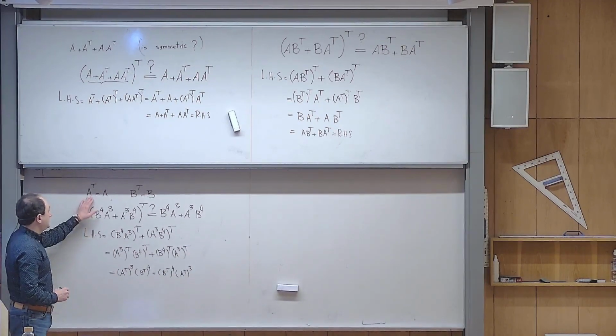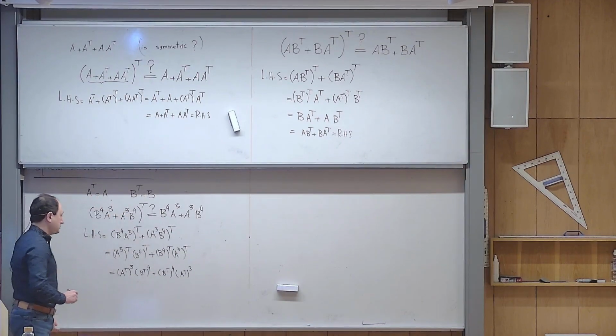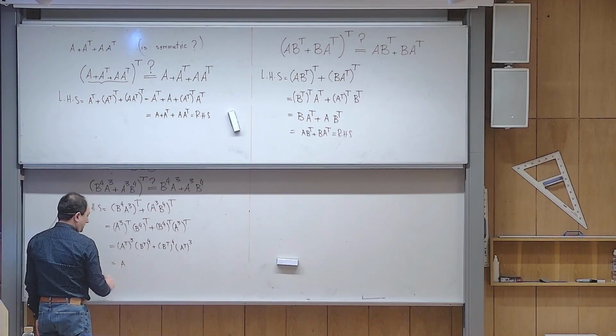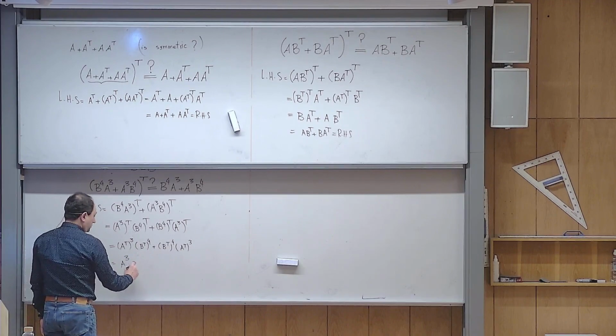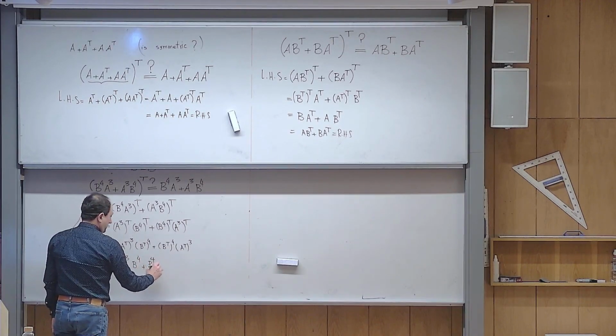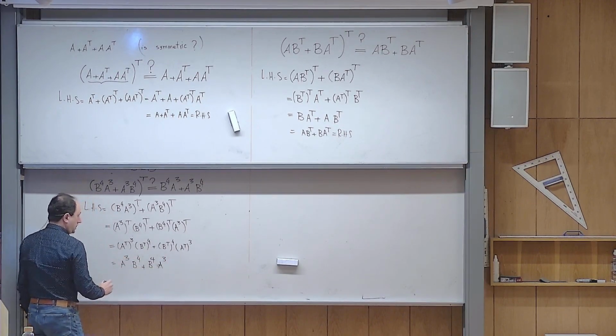Because I started with symmetric matrices A and B, I know A transpose is A, I know B transpose is B, so wherever I see A transpose, I replace it with A, and wherever I see B transpose, I replace it with B. But you all know that you can interchange them because it is commutative.